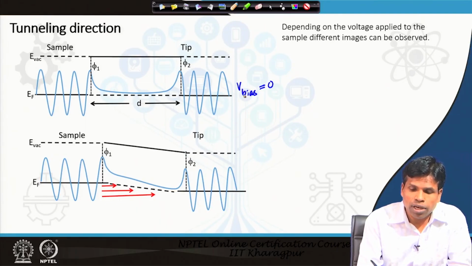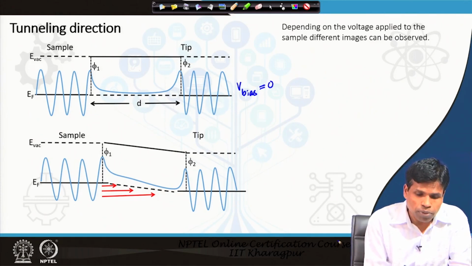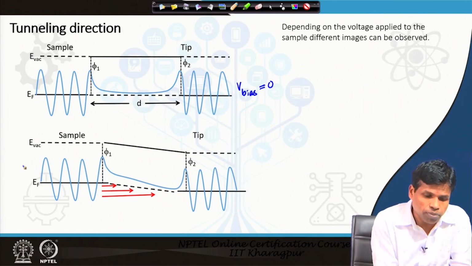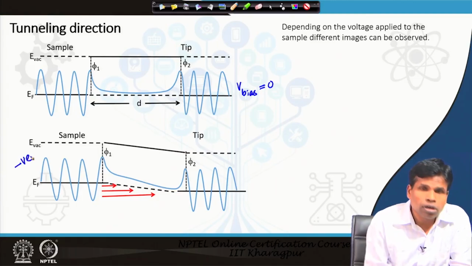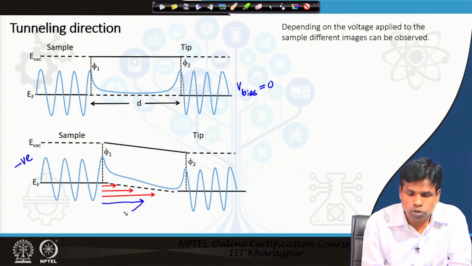But if we apply a bias potential, let us say a negative potential to the sample, then electrons will tunnel from the sample to the tip.